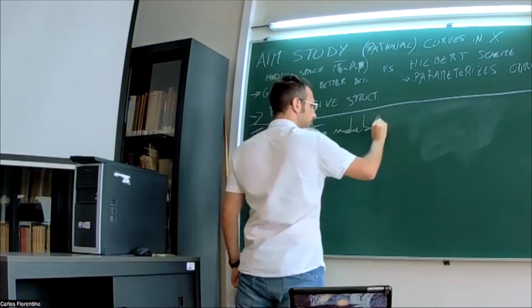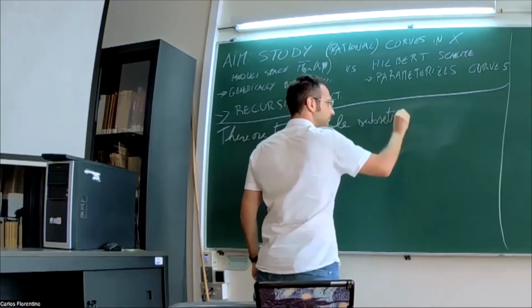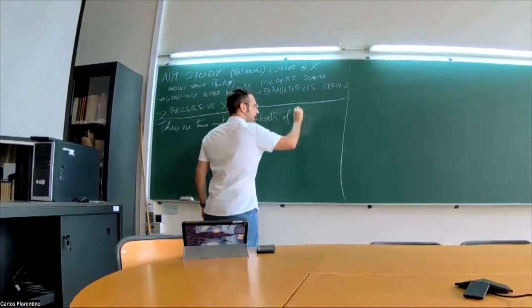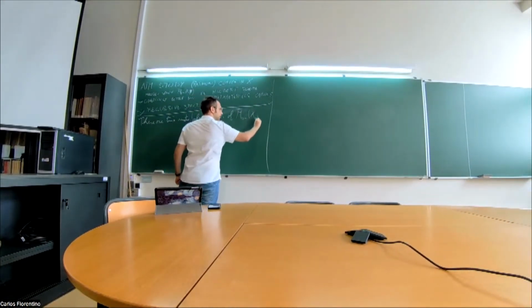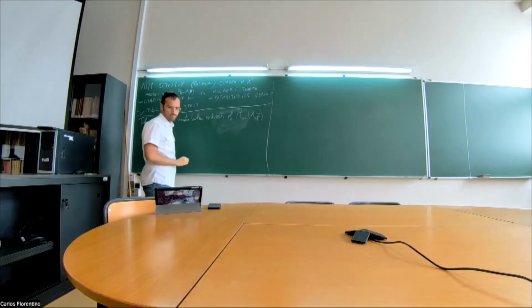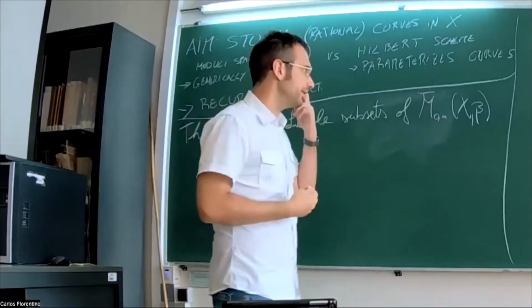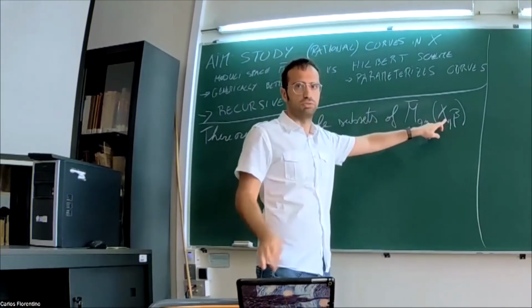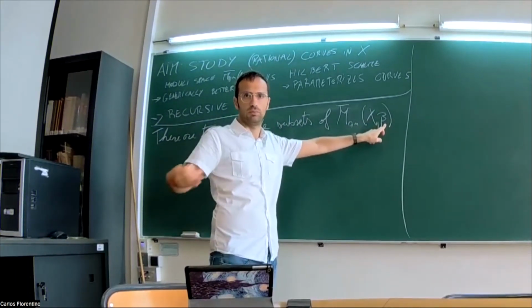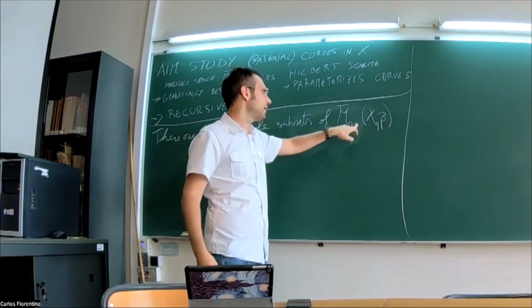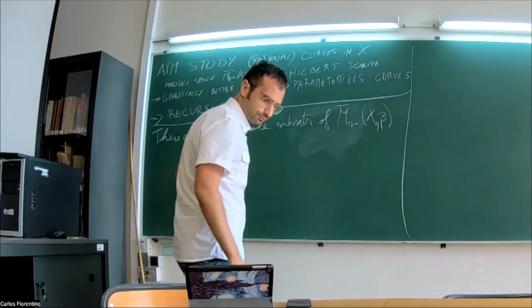Notable subsets. Again, X is a projective smooth variety. Beta is the homology class of a curve. n is an integer. We study the case of genus 0.